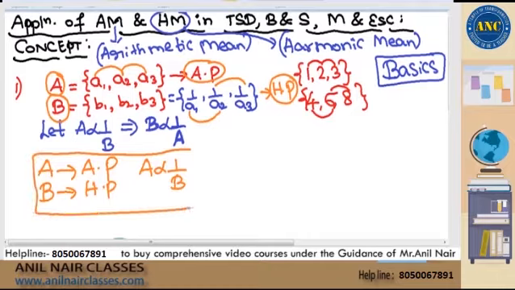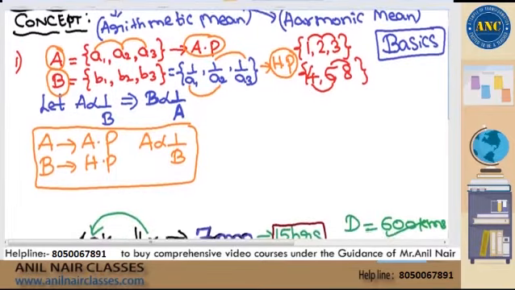Very important point. Whenever two parameters are inversely proportional to each other, if one parameter is in arithmetic progression, the other parameter should definitely be in harmonic progression. It is mandatory.